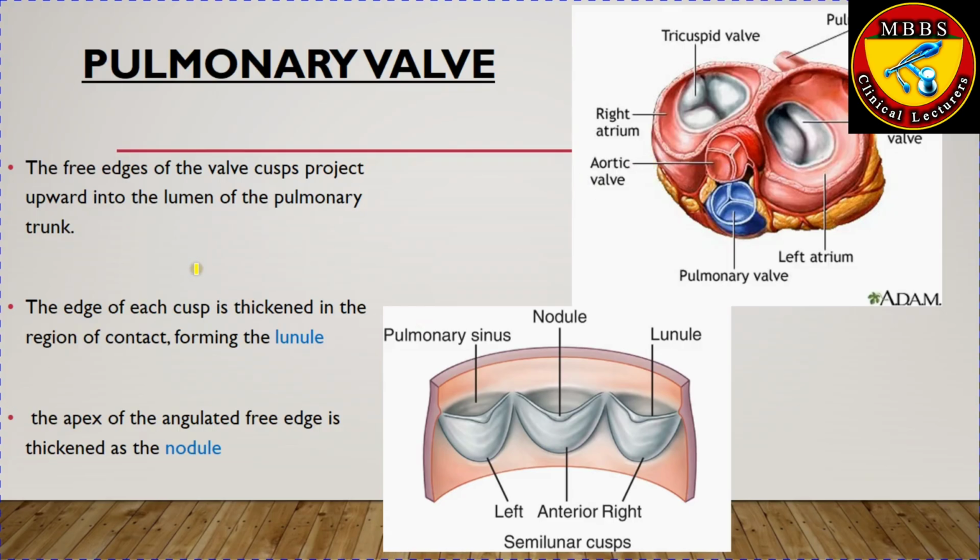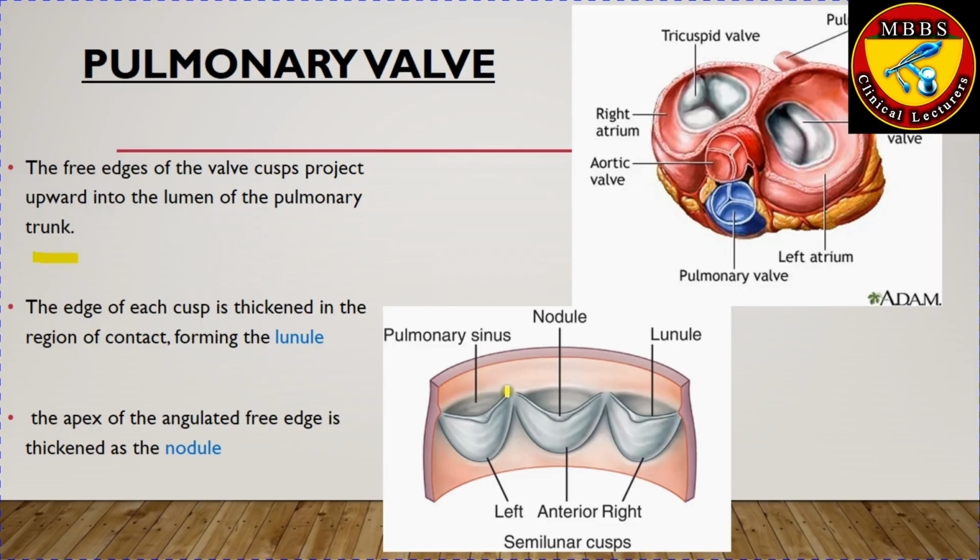The free edges of the valve cusps project upward into the lumen of the pulmonary trunk. So when the valves are open, the free edges of the valve cusps project upward into the lumen of the pulmonary trunk and allow the blood to enter into the pulmonary trunk.